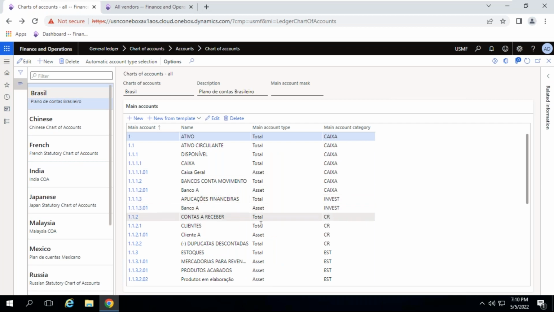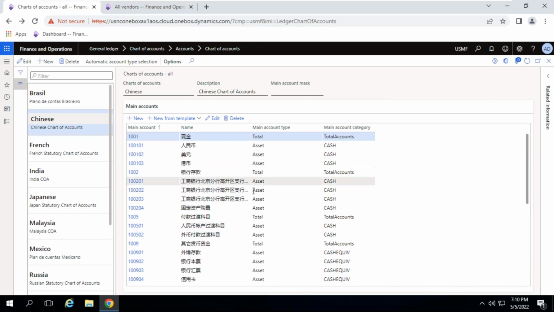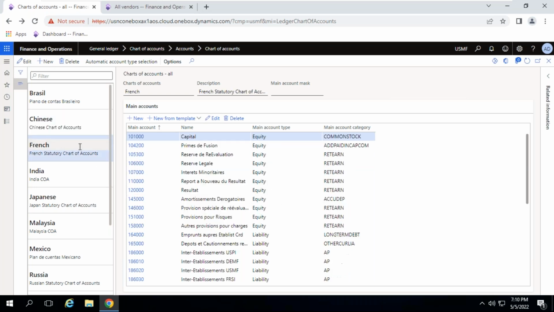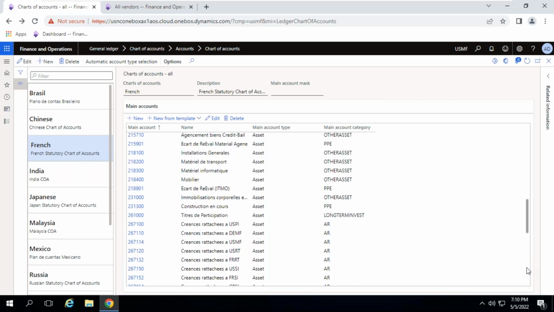Brazil, assets, but their naming convention is different. As per their country specifics, they need to map it. Chinese has different, but majority countries are 1 series assets, 2 series liabilities, 3 series equities. But in French, they are following 1 series equity. They have it differently. So based on the client, wherever it is, you will follow that.